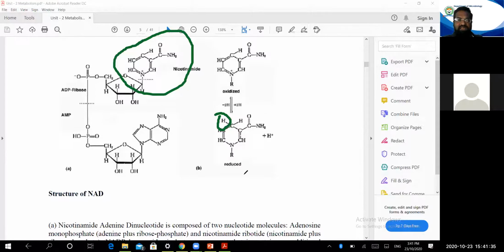At that time, the same NAD molecule goes, and here we have seen oxidized NAD becomes reduced, the reverse reaction occurs. This reduced NAD is now oxidized. It sheds off this electron and becomes oxidized. The electrons or hydrogen ions released during this oxidation of NADH2 to NAD will be used to reduce the substrate molecule.